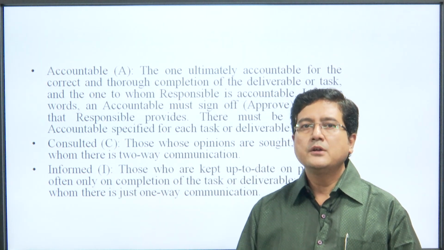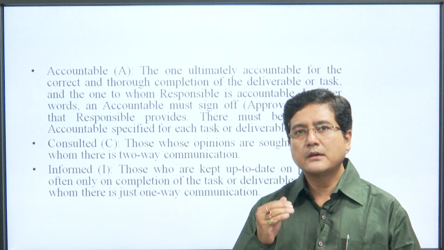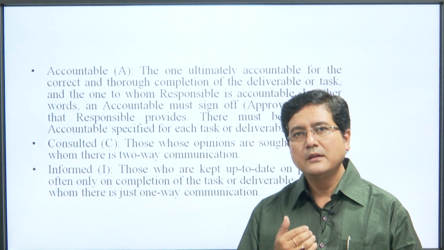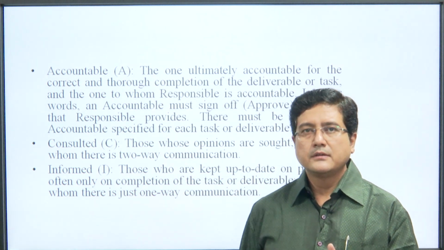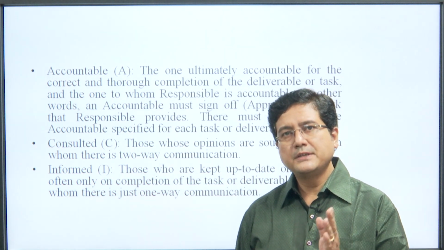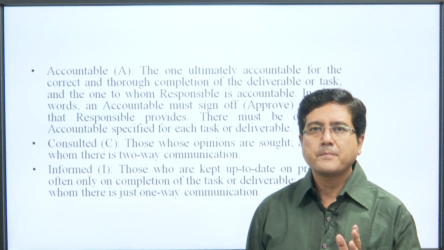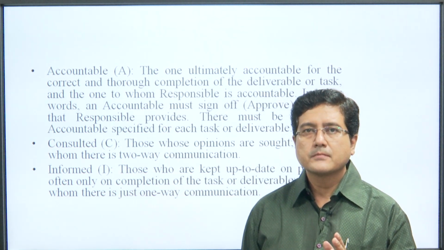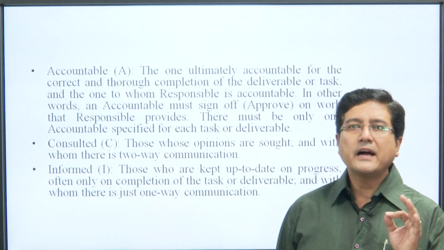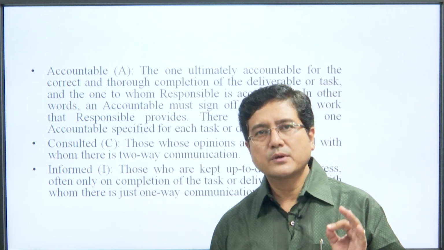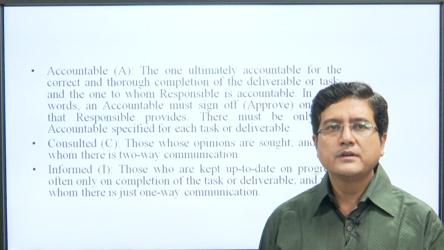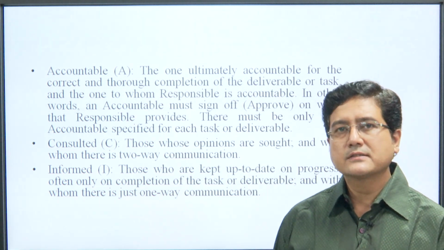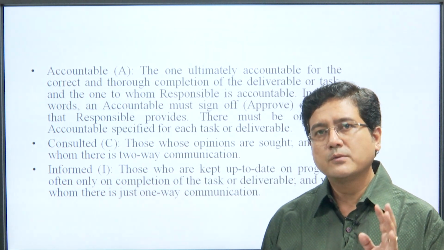He is responsible to do his job, the project manager is accountable, then informed. Informed is when the task has been completed, we inform the management.